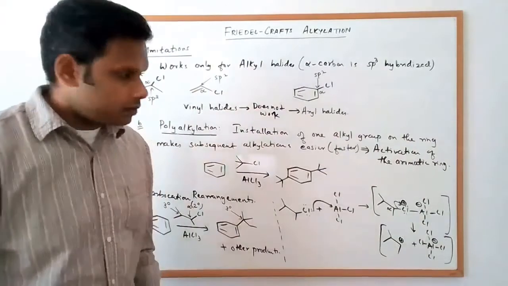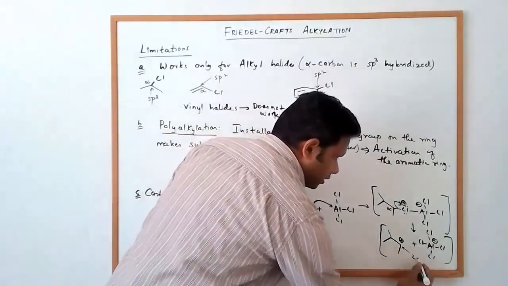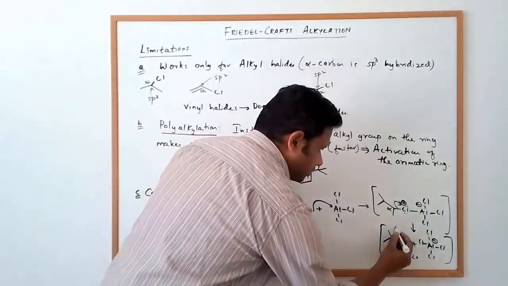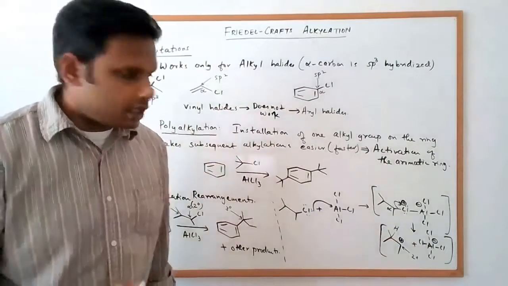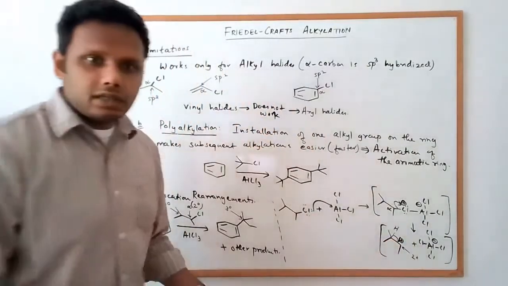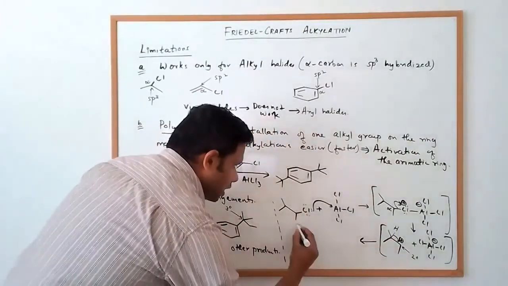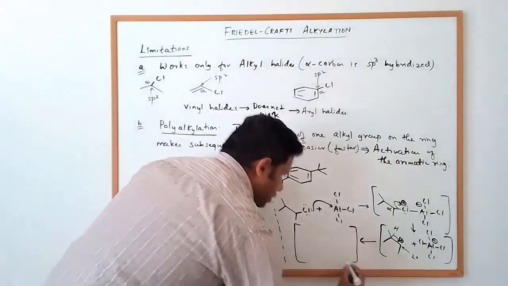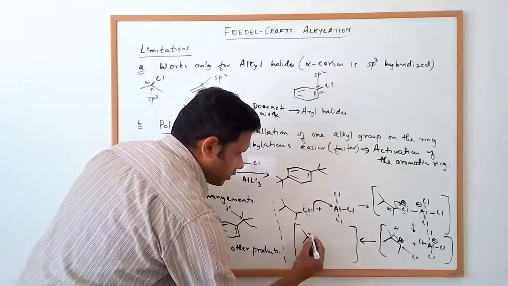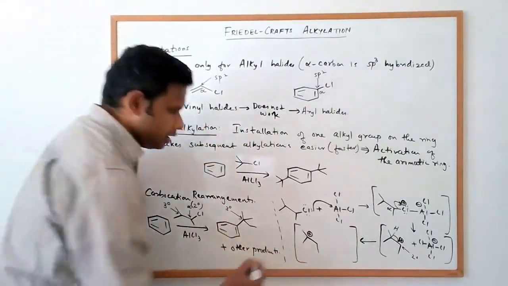And now this carbocation is on a secondary carbon, and right next to it there is a tertiary carbon. So this hydride can shift. So we can see a hydride shift happening. And essentially that will give us a new carbocation where the carbocation is now tertiary in nature.